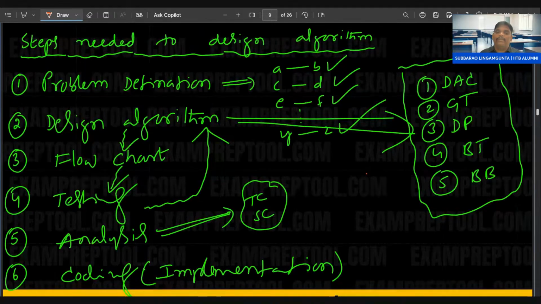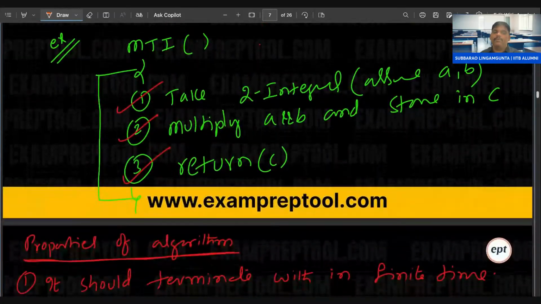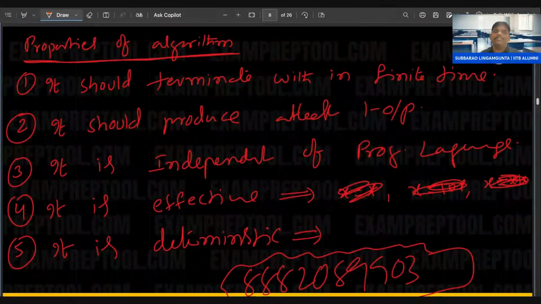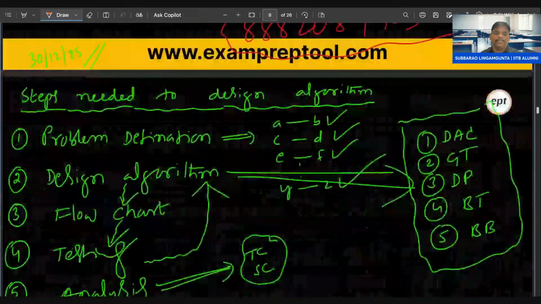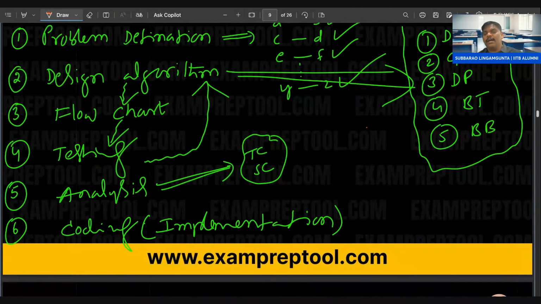Right? So remember, first of all, what is the algorithm definition? This one. Example, this one. Next one, properties of algorithm. Next one, what are the steps to design an algorithm? Know the problem clearly. Afterwards, from the existing patterns, which pattern is more suitable to your problem? That is called algorithm design.